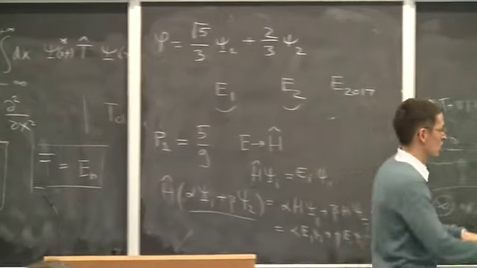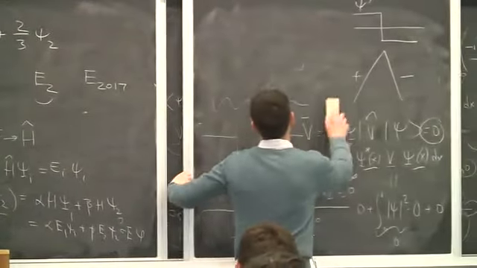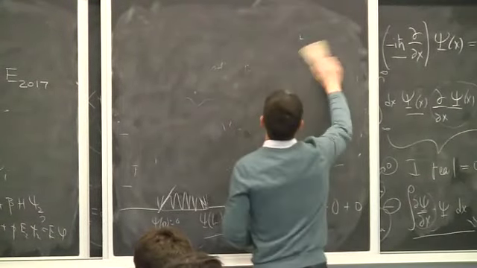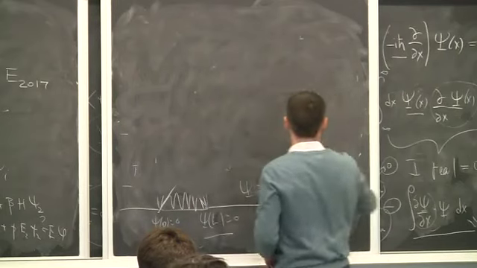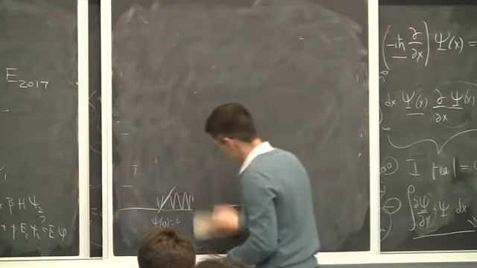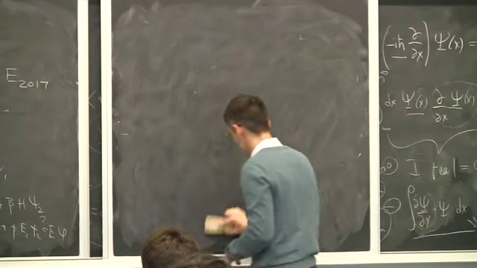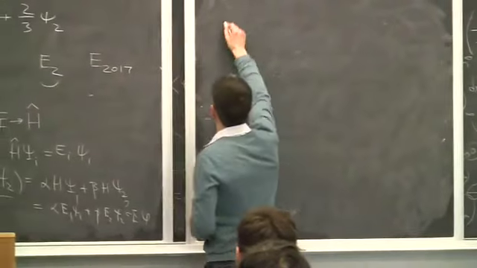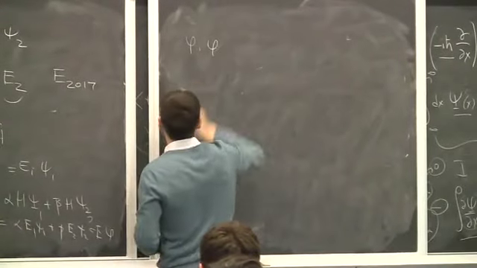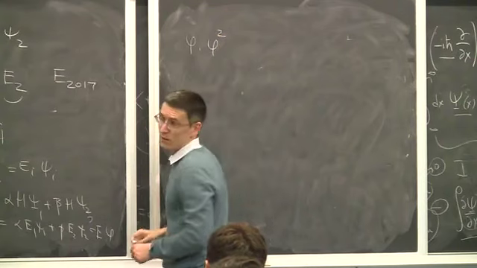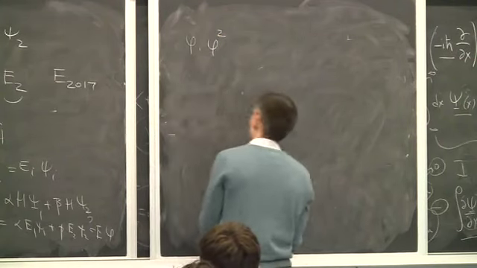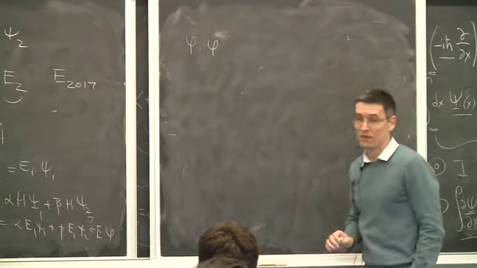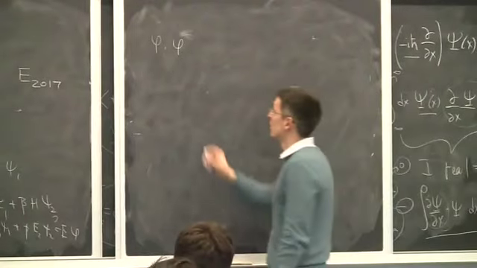Then we can just take the coefficients and square them. How do we check that the function is normalized? We square the function, okay. And what do we do next? Integrate.